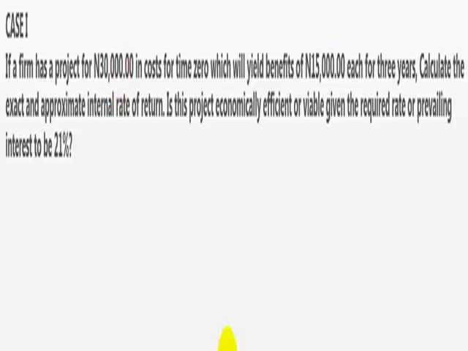We can see that in the first year the project gives a return of 15,000 naira, and the second year it gives a return of 15,000 naira. That's 30,000 naira. At the end of the second year, the benefit of the project is equal to the cost of the project. So at what rate will this occur? That is what we are asked to look for.